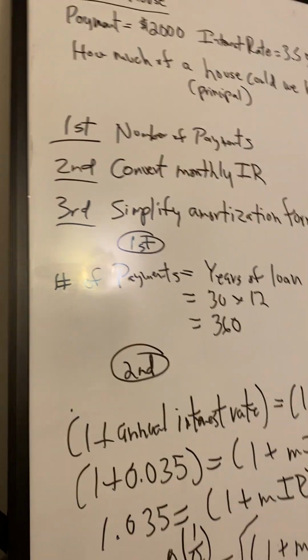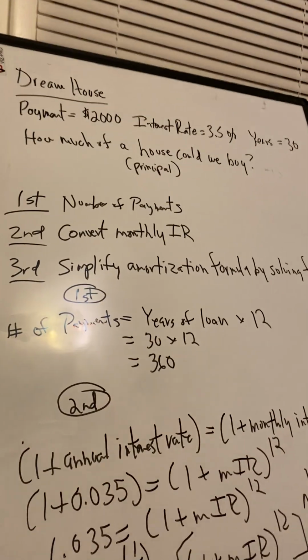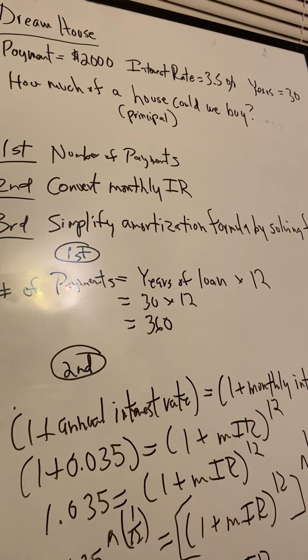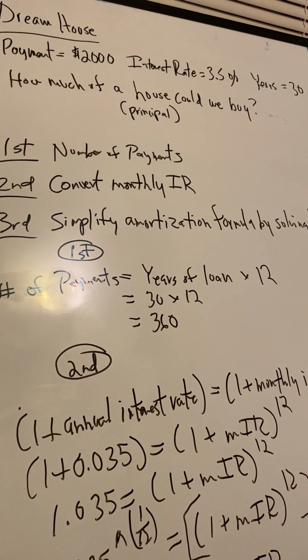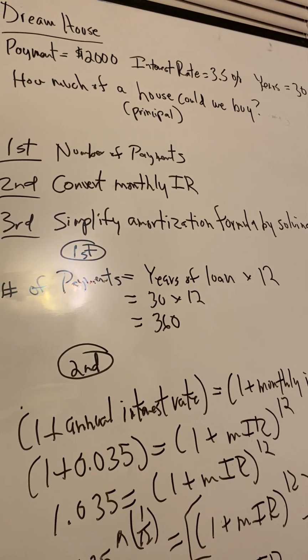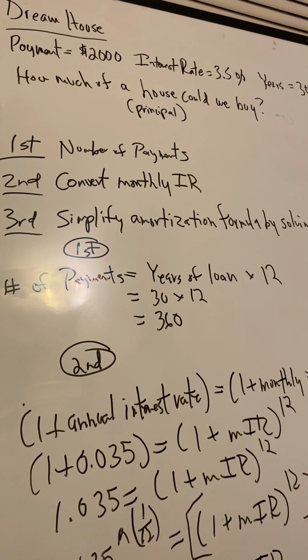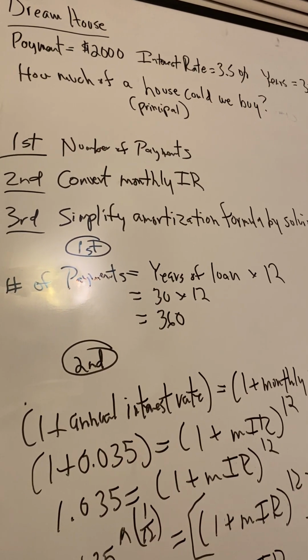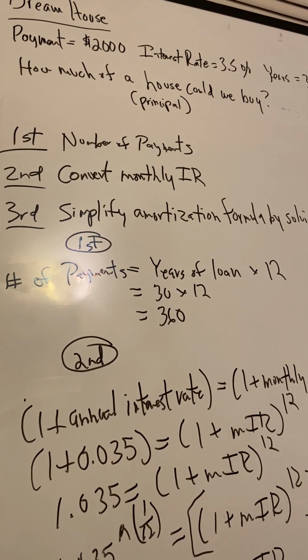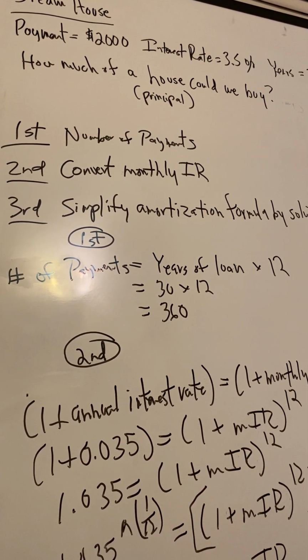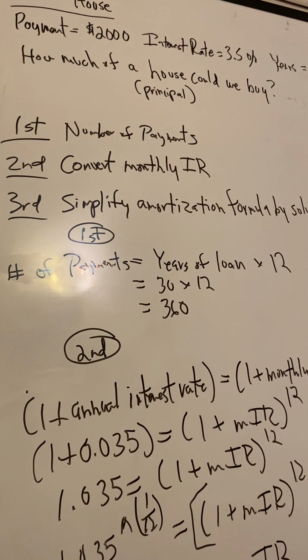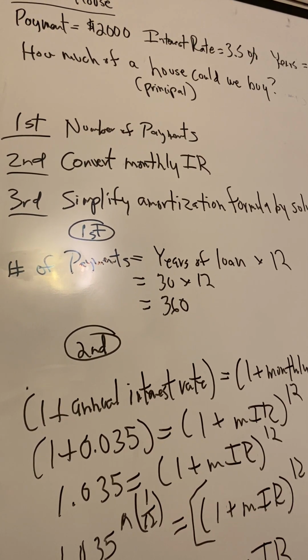Now, the only thing is, with the last part of plugging everything into the amortization formula, I've done that before for you, showing you how to simplify an equation. I could do it again, but I would rather not, and just give you the answer so you can do it yourself, to make sure you know how to simplify the equation.